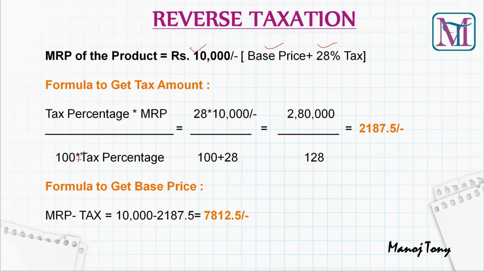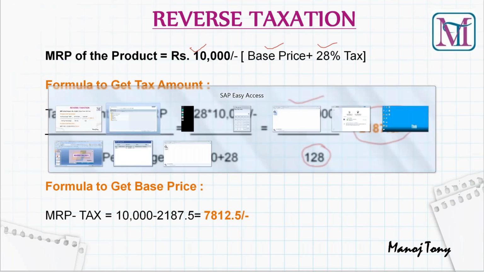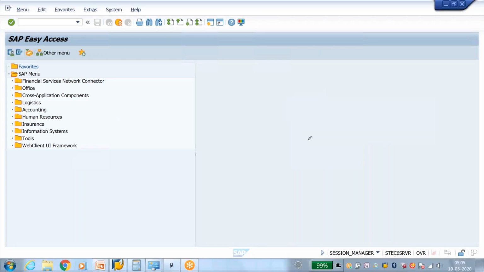So 28 into 10,000 as MRP equals 2,80,000, divided by 100 plus the tax percentage of 28, so total 128. So 2,80,000 divided by 128 equals 2,187.5 rupees. Now I'll check in the calculator whether this calculation is okay or not.